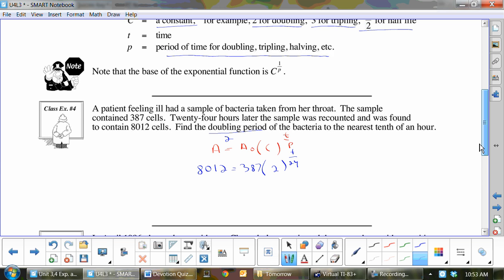So we want to tell how long it has been in the Petri dish. Oh no, this is not right. Is it? Yeah, we know how long it's been in the Petri dish. We don't know the doubling period.